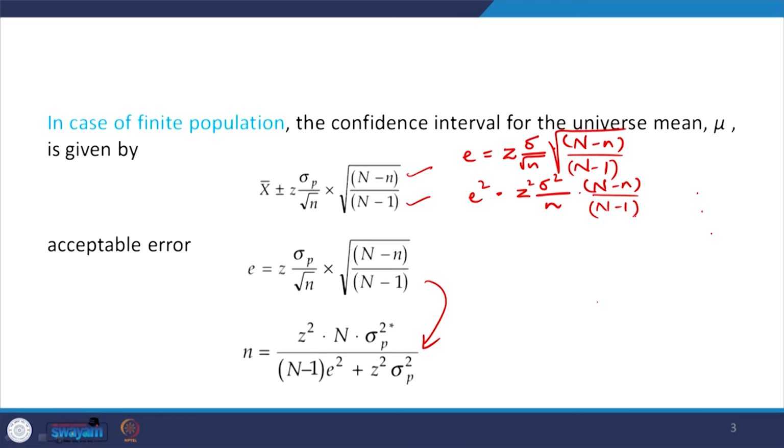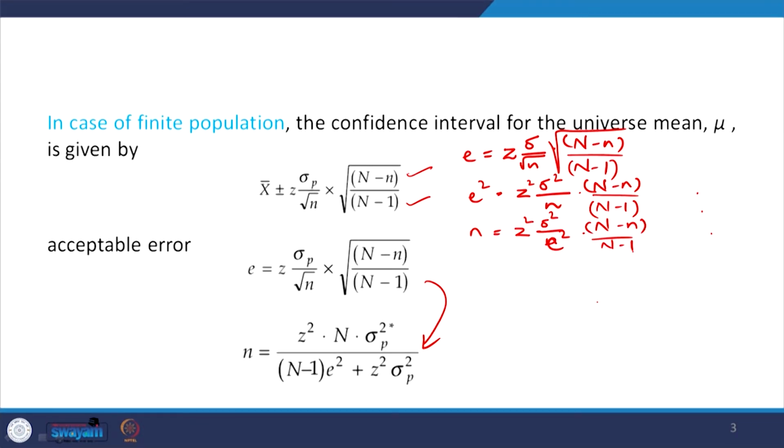Alright. Now, we will do some further adjustment to it. If I simply take this out, n is equal to z squared sigma squared divided by E squared times (N minus n) over (N minus 1).